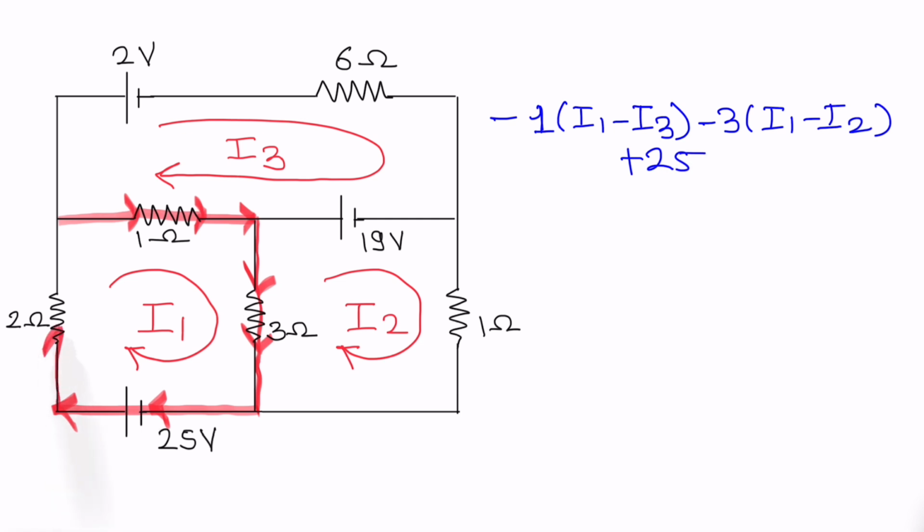Fourth parameter, minus 2 I1 is equal to 0.